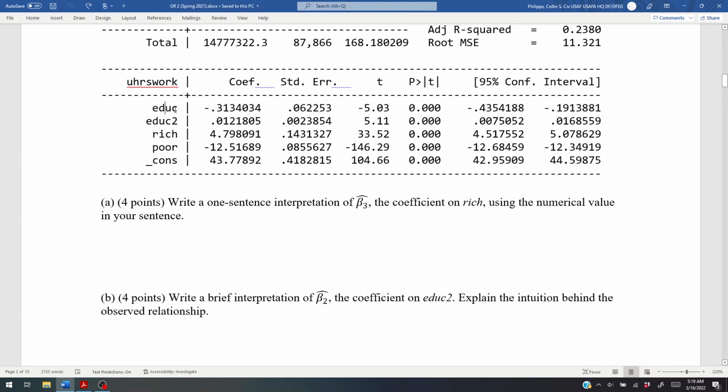As education goes up, notice you start off with a negative coefficient. For very, very low values of education, the marginal effect of education is going to be that people work less. And this says that that is going to start turning around. And maybe as education gets to high values, we see people working a little bit more again.